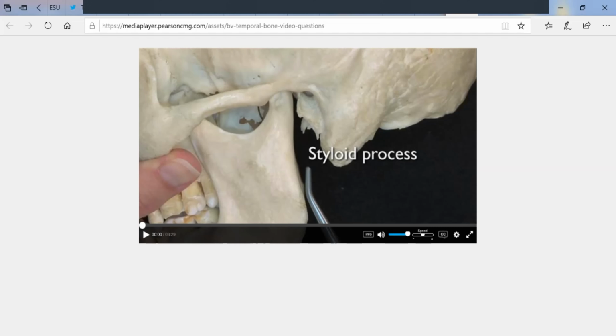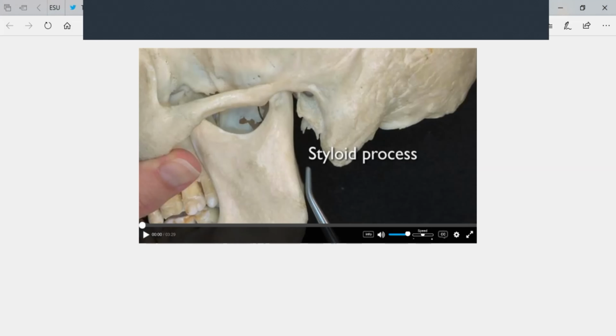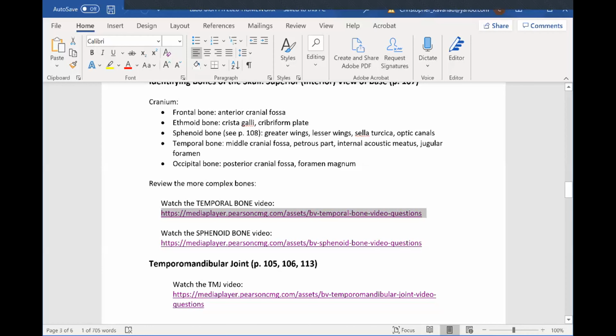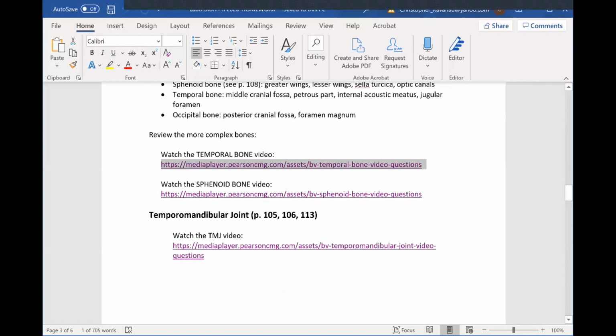All right. Does anyone have any questions? Always feel free to ask questions. So I'm here to help out. Okay, and now we're going to examine the sphenoid bone. So this is the most complicated bone, I think, in the entire skeleton.